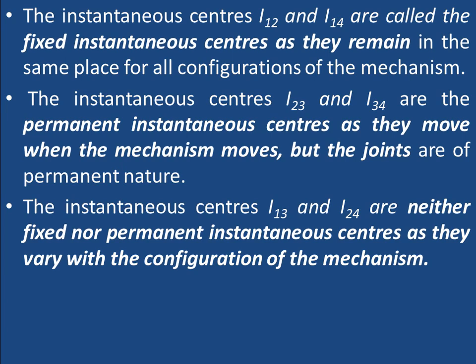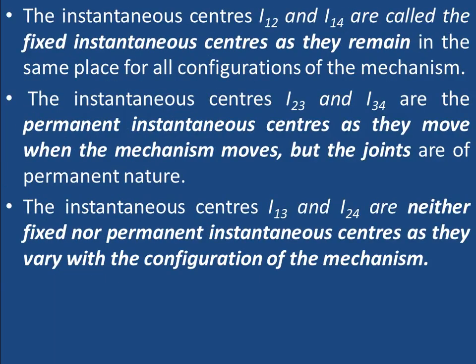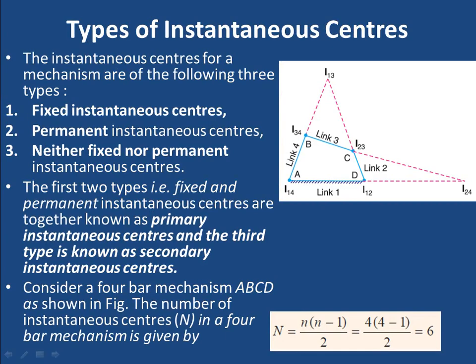The instantaneous centers I12 and I14 are already there in the figure, and it is a fixed part, so they are known as fixed instantaneous centers, as they remain in the same place for all configurations of the mechanism, because I12 and I14 are nothing but fixed here.